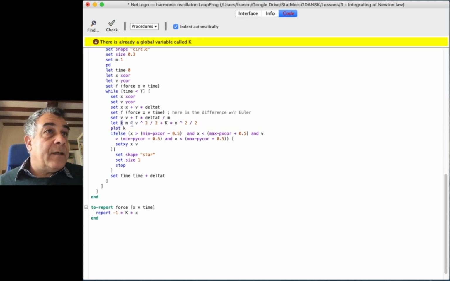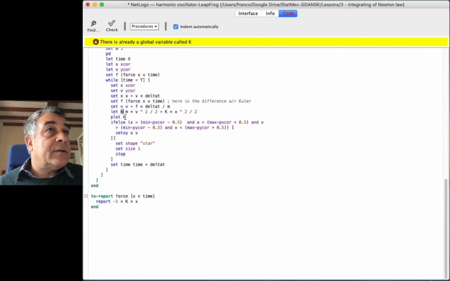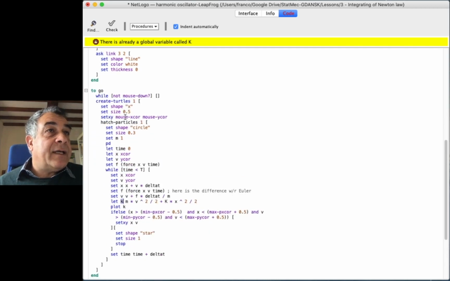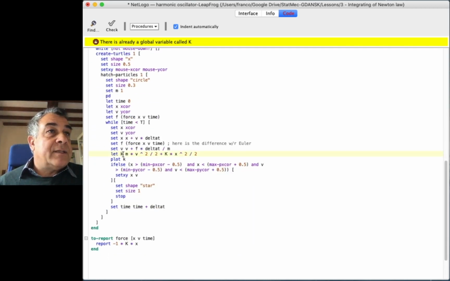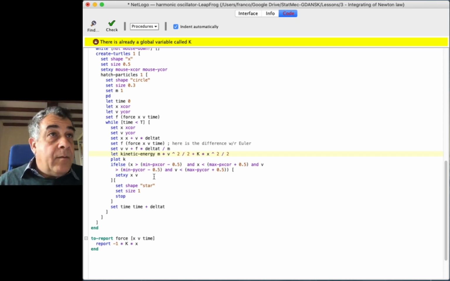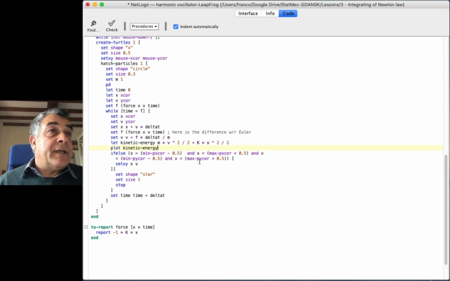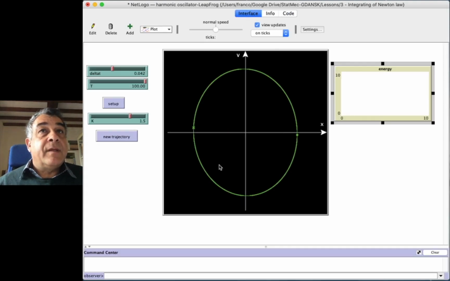There is already a global variable called k. Clearly, since NetLogo does not distinguish between lowercase and uppercase, I have to use another name. Okay, I can check now, it is okay.